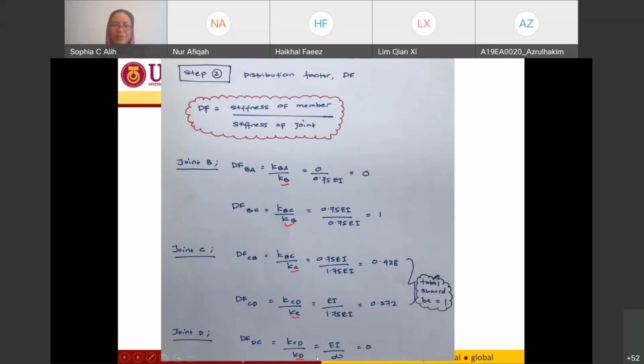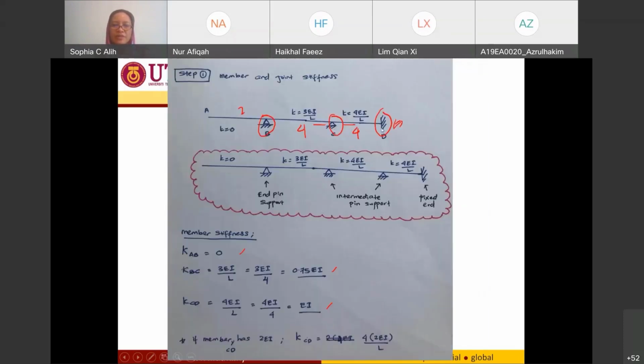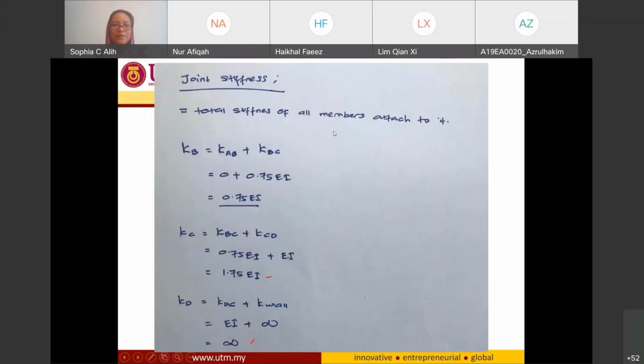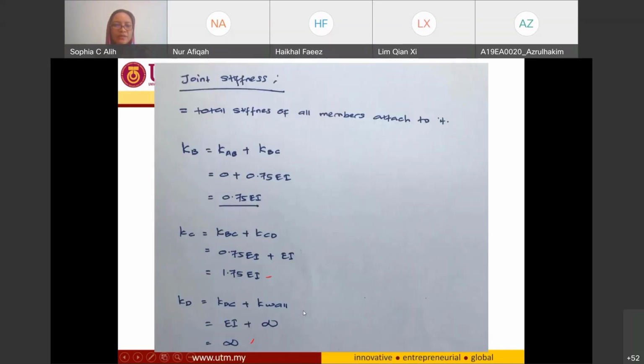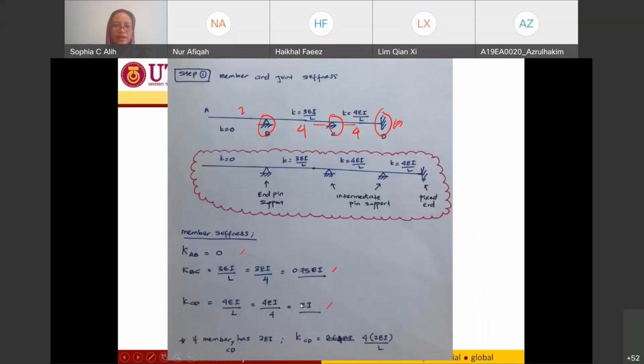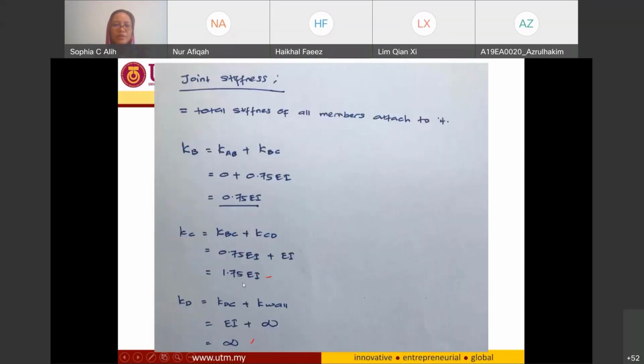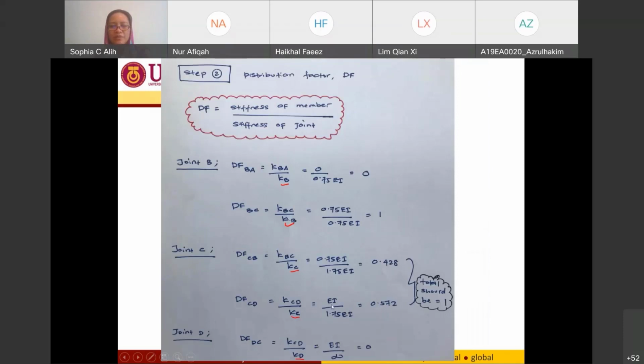Now I go to the other member for this joint, that is member CD. So I have the stiffness of member CD divided by the stiffness of joint C. Now I have KCD divided by KC. KCD I have already calculated to be EI and KC is 1.75 EI. So I have this one equal to 0.572.